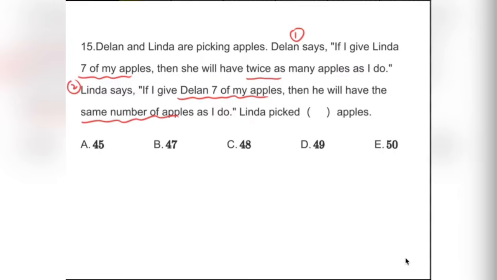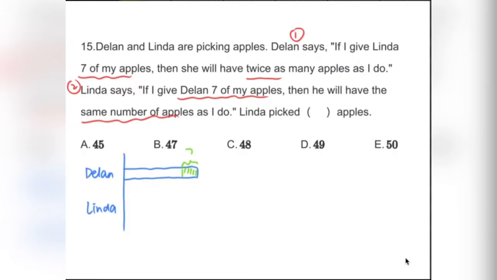Okay, then let's move on to the first statement. Let's have a look. How can we draw out the model? Dylan and Linda. According to the question, Dylan says, if I give Linda 7 of my apples, so here, let's cancel 7, then she will have twice as many apples as I do.